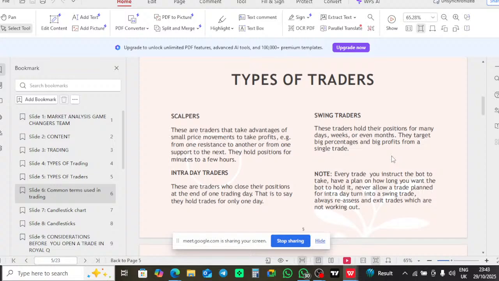Are we together? Now, we have scalpers here. Those are traders that don't want to spend much time in the market. These are the traders that take advantage of small price movements to take profit, for example from one resistance to another, or from one support to the next.